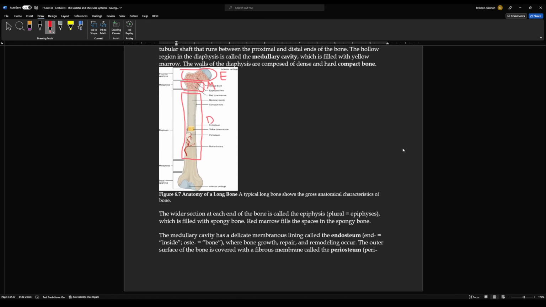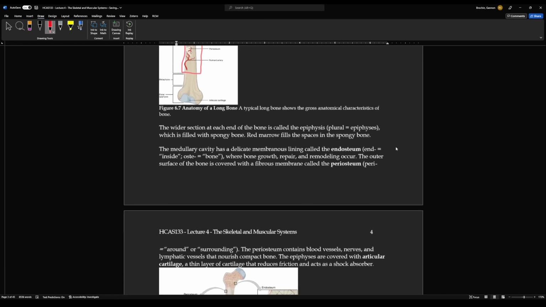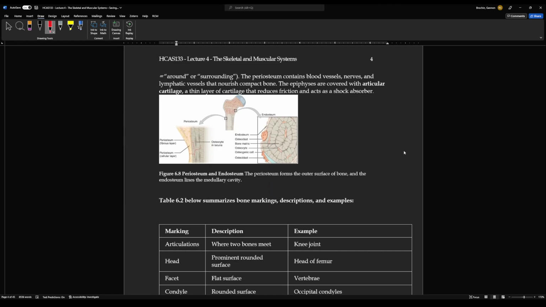So, you see this diagram here, and it's kind of showing us our cross-sectional look at the bone. Within bone itself, it's really made up of osteocytes. These are cells, okay?